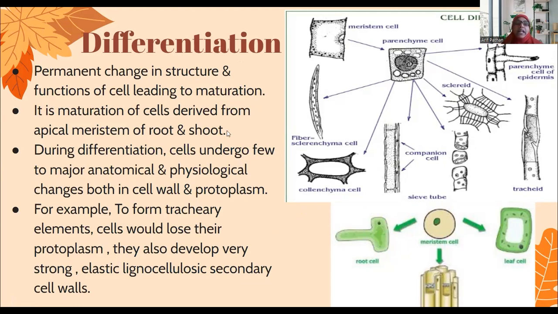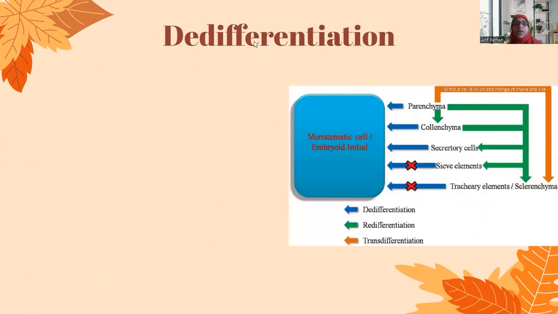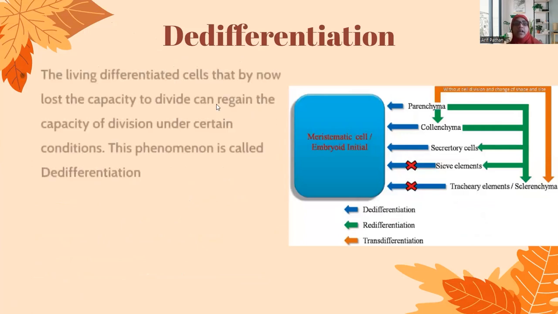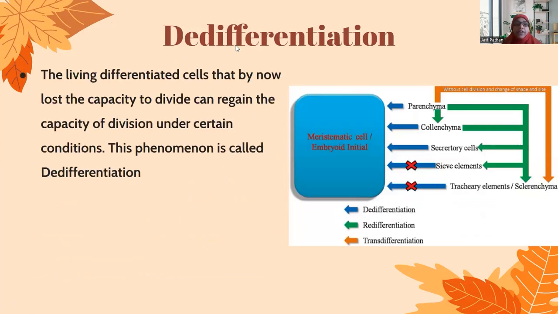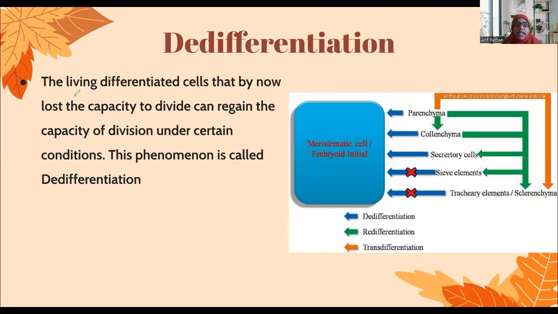What happens in de-differentiation? Sometimes the already differentiated, living cells lose their capacity to divide, and then they regain the capacity of division under certain conditions.